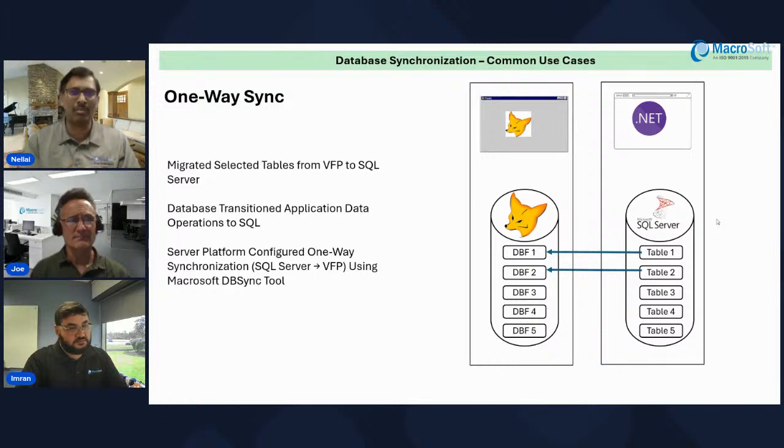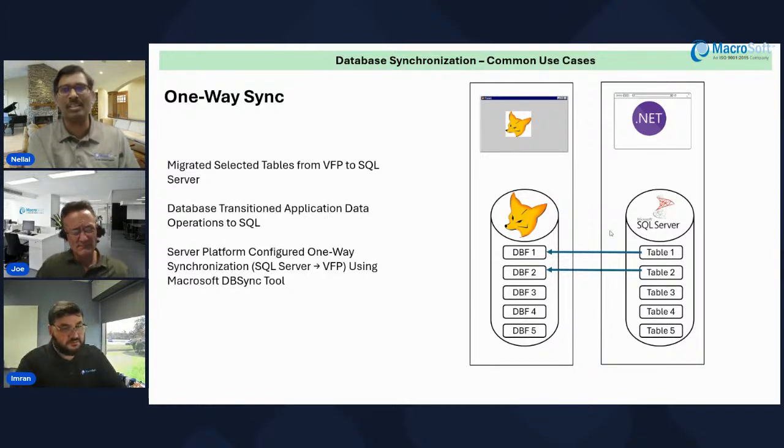Whenever we make changes on the SQL, we have a sync mechanism. Whenever an insert, update or delete operation happens, it will sync to the equivalent FoxPro database. So when they use the old application for some of the modules, they can still check the VFP DB, which is synced with the SQL one.